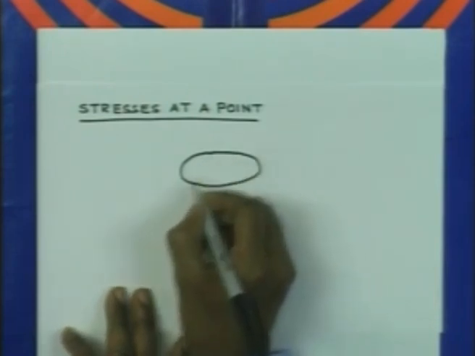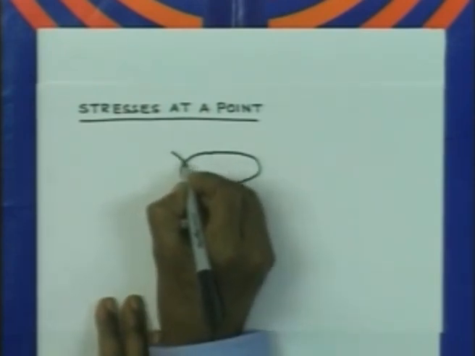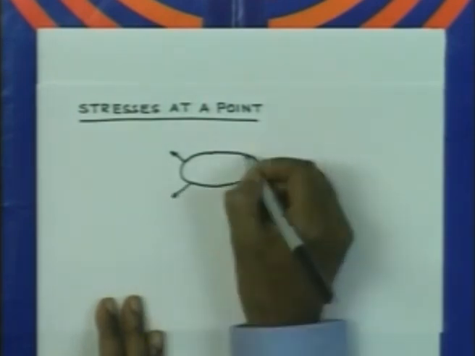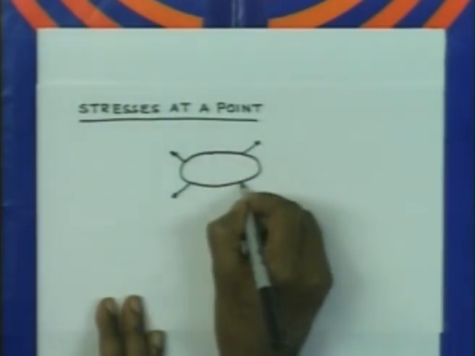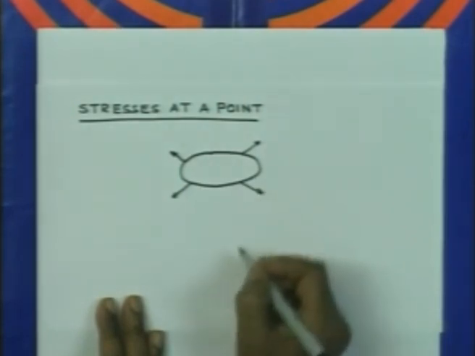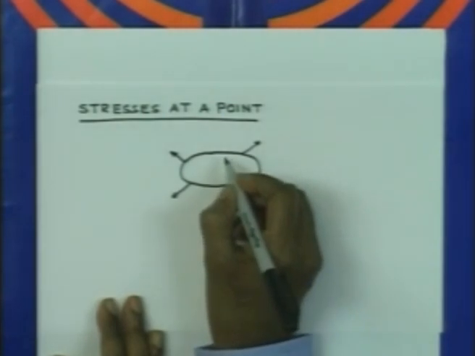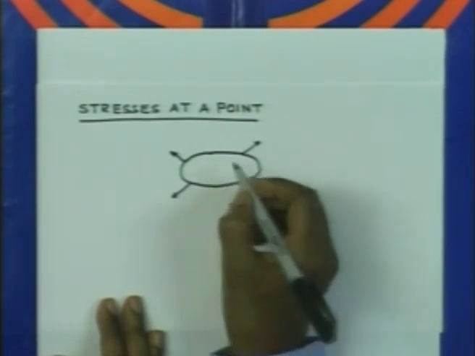We will again consider the same body, and now we would like to consider splitting this body into two parts by considering a plane passing through our point P, and it is perpendicular to the x axis.